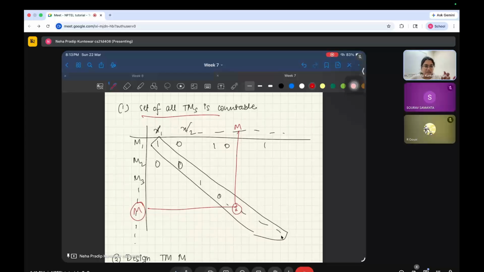These are just strings over 0 1, so we can write it like this. So if initially this was 1, that means m halts on this encoding m.